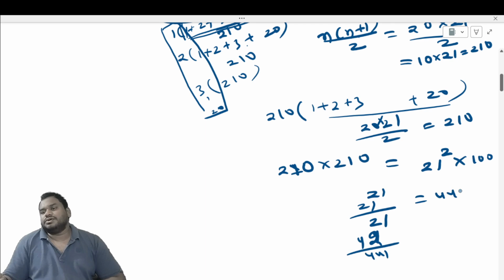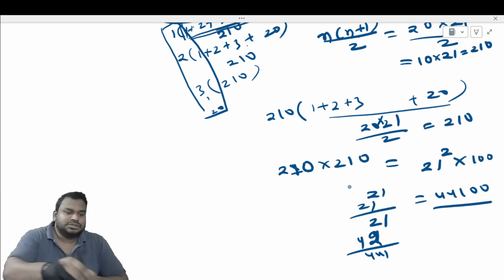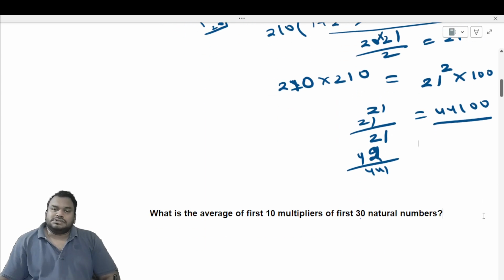Okay, 441. Basically you need to remember the squares till 30. Okay, 21 square, 22 square, 23, everything you should know. You can directly say 44100 is the answer for this.